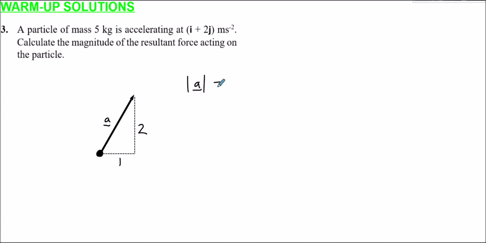So we're just talking Pythagoras. So what's the size of this hypotenuse? Now we know that this is 1 and that's 2. Well, it's going to be 1 squared plus 2 squared, all square rooted. So 1 squared plus 2 squared, all square rooted, is simply going to give us root 5.